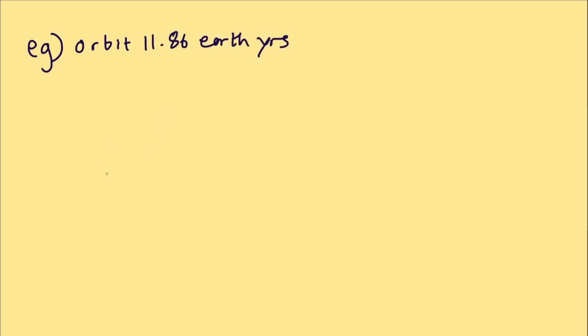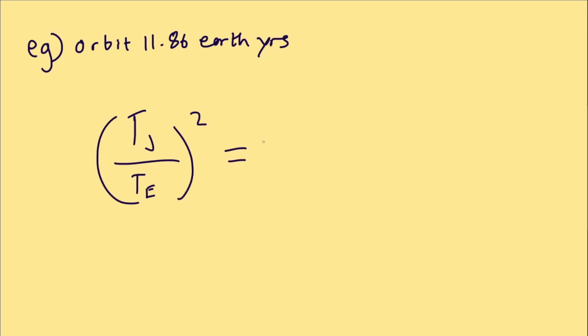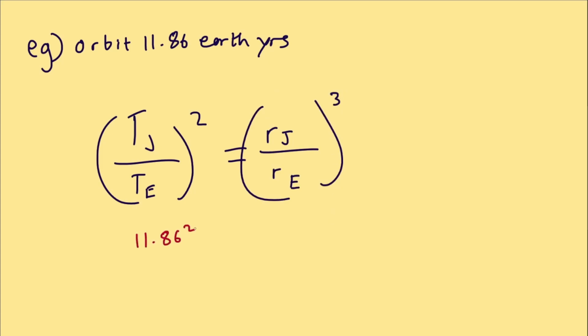Let's find its distance from the Sun with Earth as a reference. So the time of Jupiter divided by the time of Earth, squared, is equal to the orbital radius of Jupiter divided by the orbital radius of Earth, cubed. You get this as 11.86 squared equals the orbital radius of Jupiter cubed.